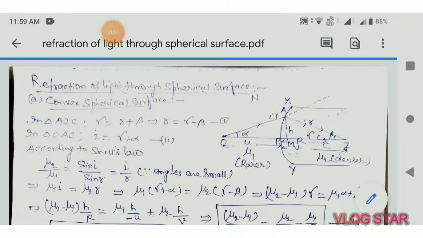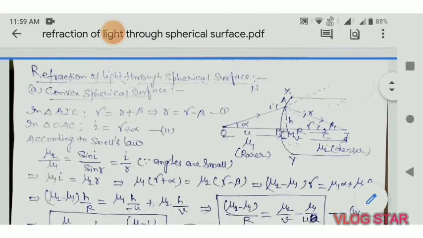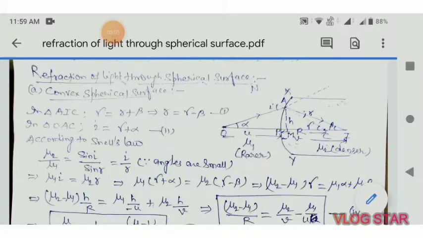Today we will see about refraction of the light through a spherical surface. You know about a spherical surface? It is a part of a sphere whose surface is either concave or convex.